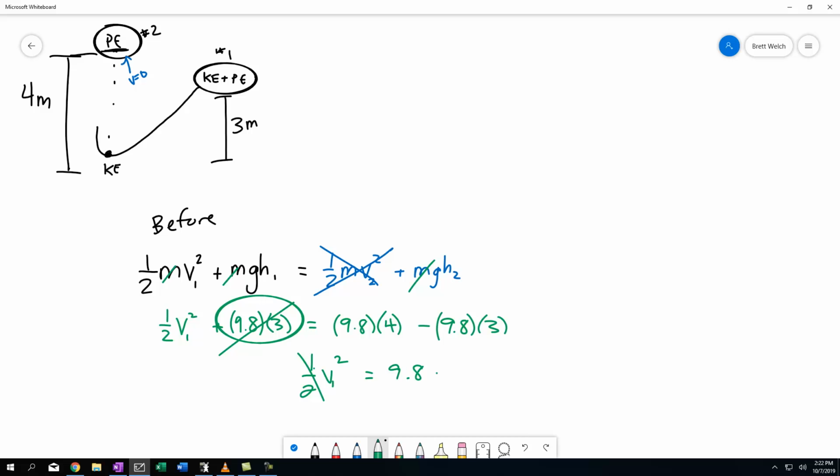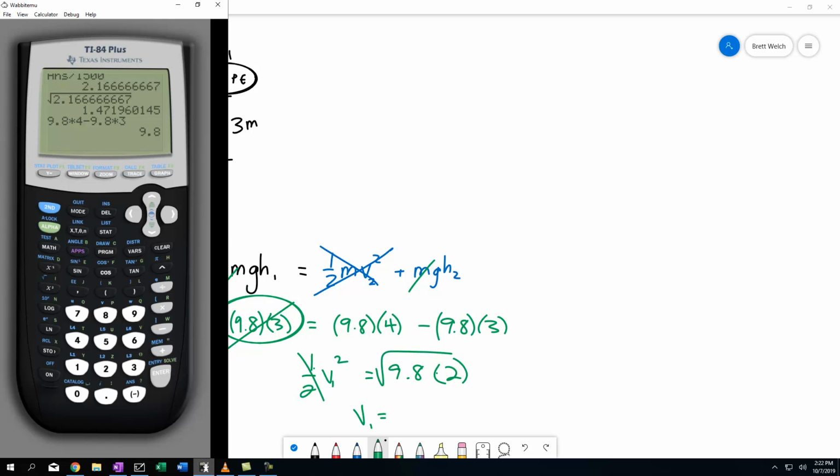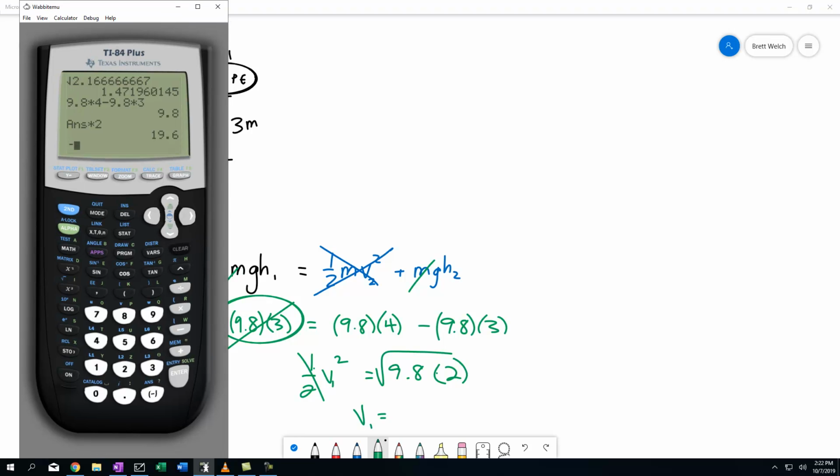To get rid of the half, we're going to multiply that by 2. And then to get rid of the square, we're going to take the square root. So v1 should be, we take our number times 2, and then take the square root of that answer. And we get 4.427.